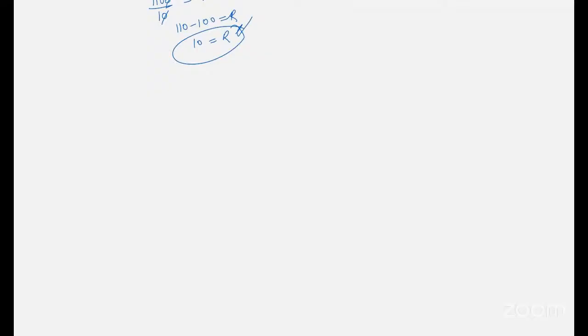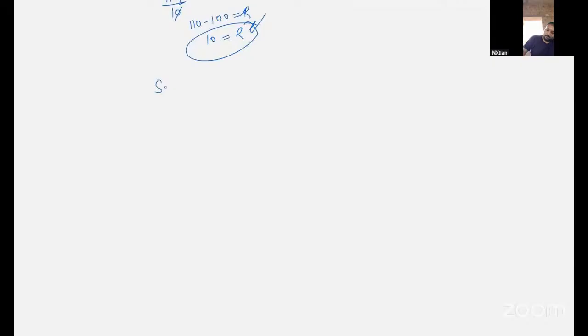Question 28: the difference between the simple interest on a sum of money for 3 years and the simple interest for 2 years. Okay. So the simple interest for 3 years and the simple interest for 2 years, the difference is 300 rupees. Got it?